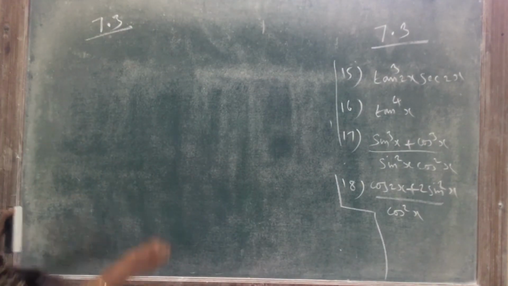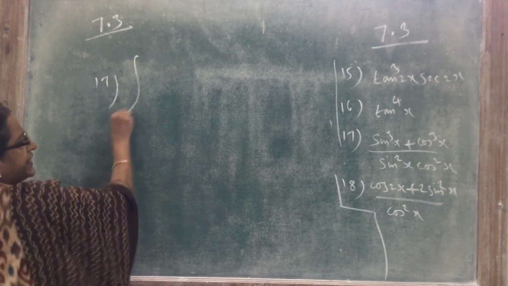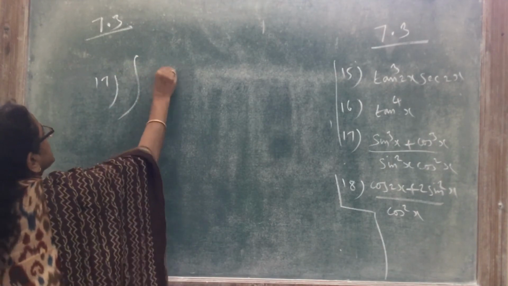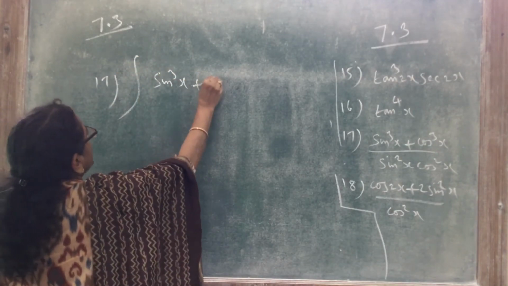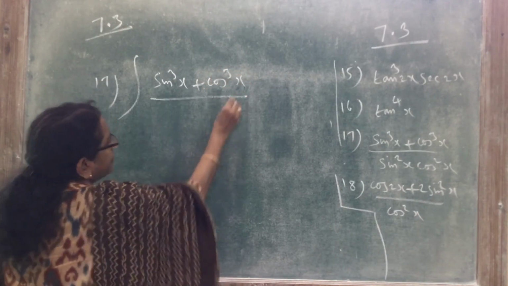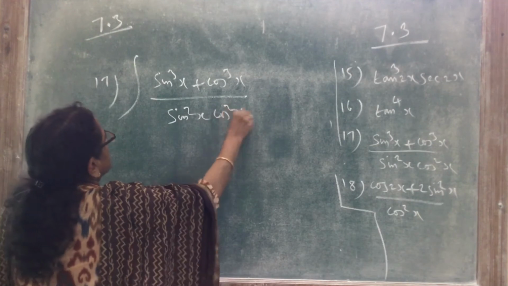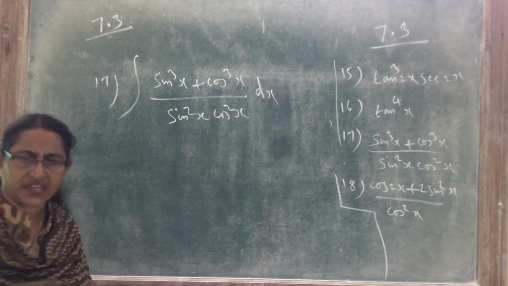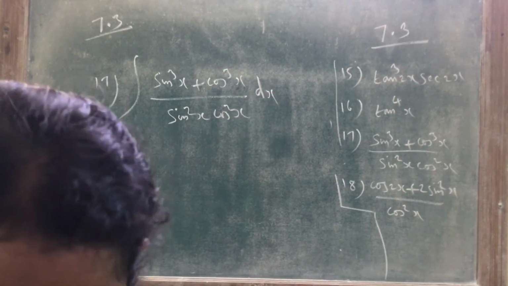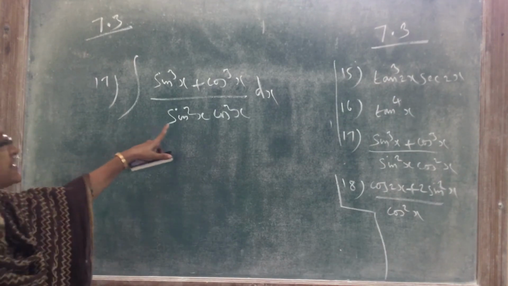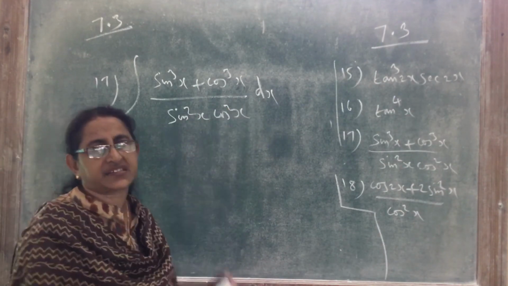Now see the next one, 17th. Integral of sin cube x plus cos cube x, whole divided by sin square x cos square x dx. So this is the question.